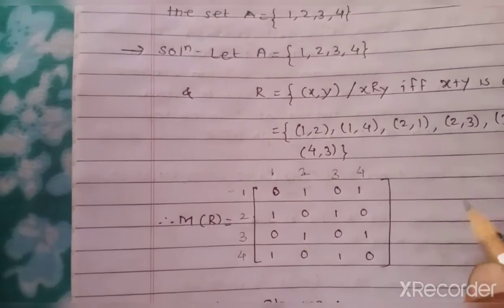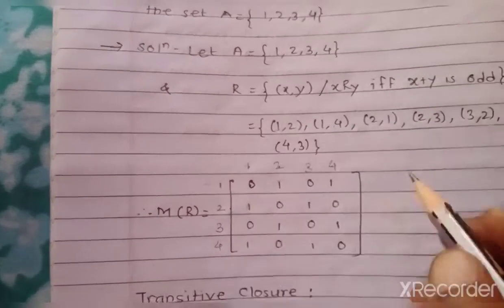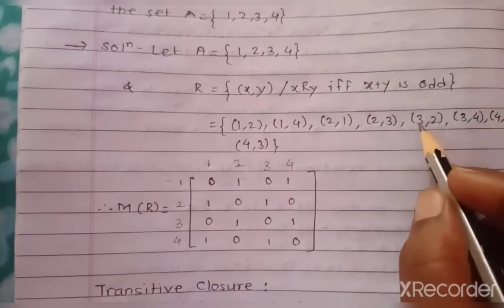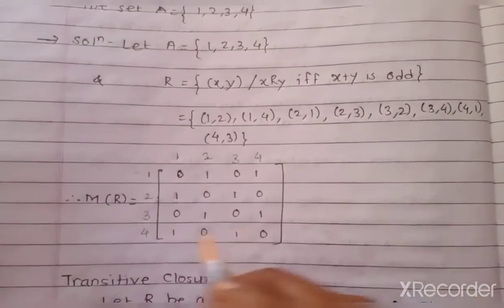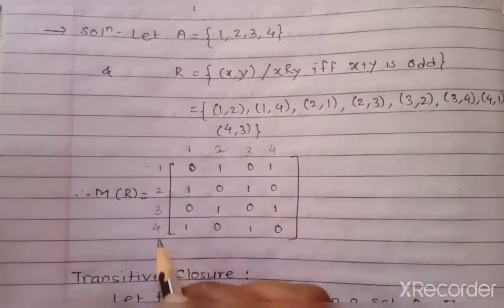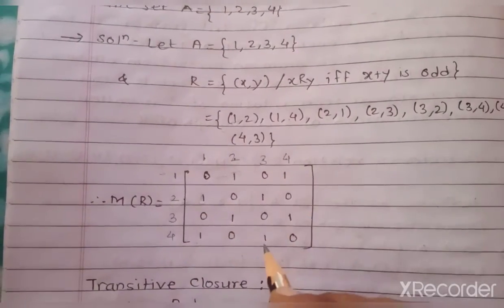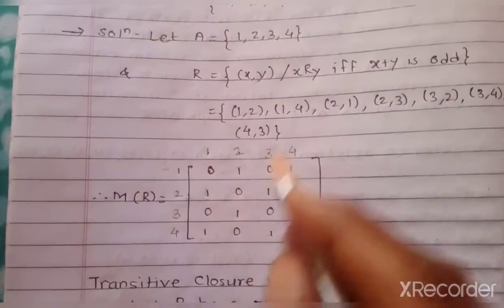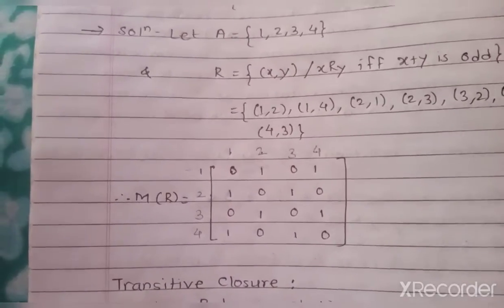Next (2, 1), write 1. (2, 3), we write 1. (3, 2), we write 1. (3, 4), we write 1. Then (4, 1), write 1. Next (4, 3), we write 1. And every other entry we write as 0, because that ordered pair is not contained in our R. In this manner, we represent our relation in matrix form.